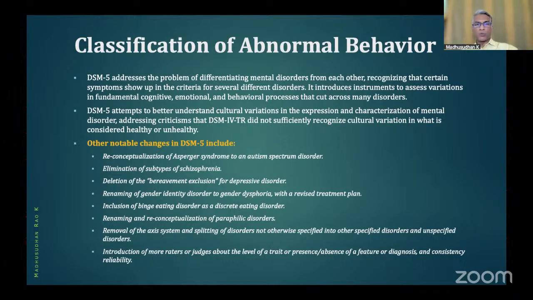DSM-5 attempts to better understand cultural variations in the expression and characterization of mental disorder, addressing criticism that DSM-4-TR did not sufficiently recognize cultural variations in what is considered healthy or unhealthy.